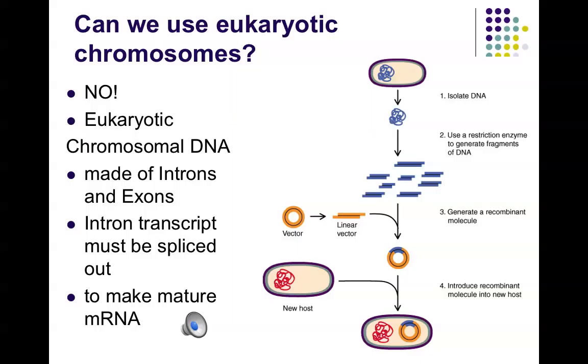Originally, when they tried to use eukaryotic chromosomal DNA to create recombinant prokaryotic, eukaryotic pieces of DNA and manufacture human proteins, it just didn't work. Because human chromosomal or eukaryotic chromosomal DNA is not all transcribable and translatable.